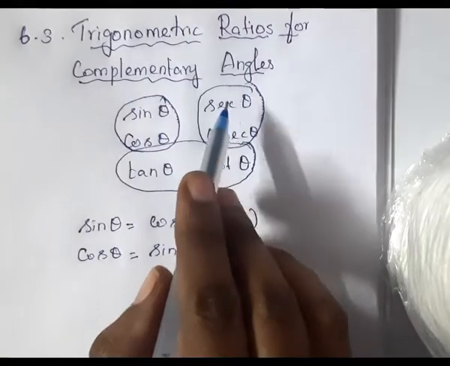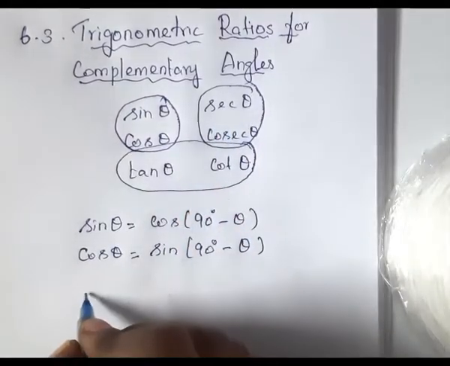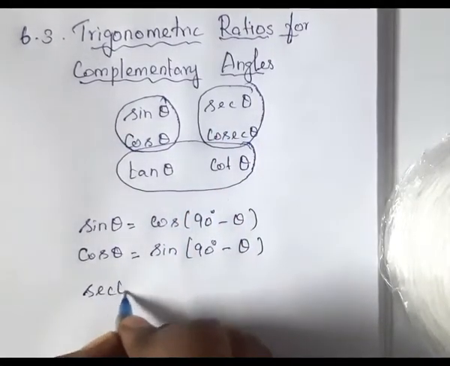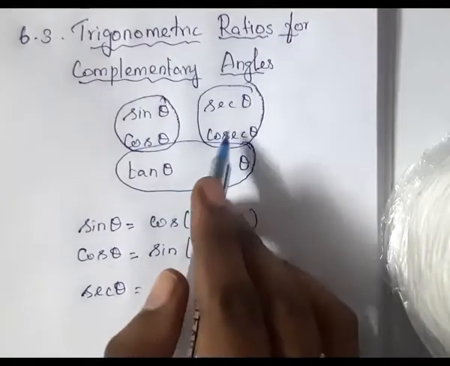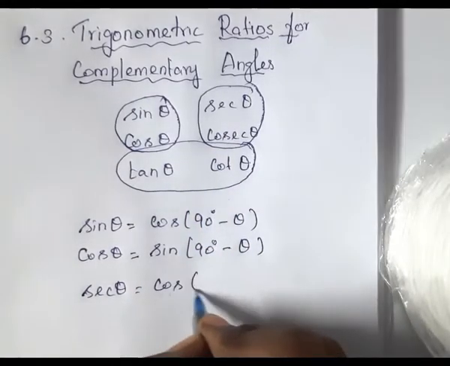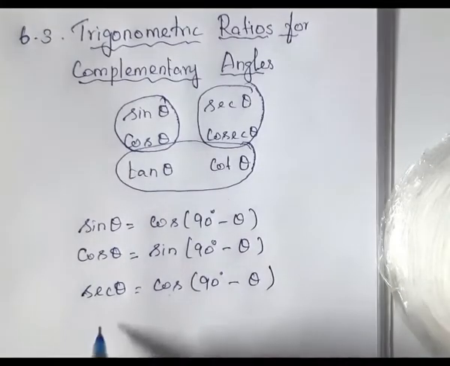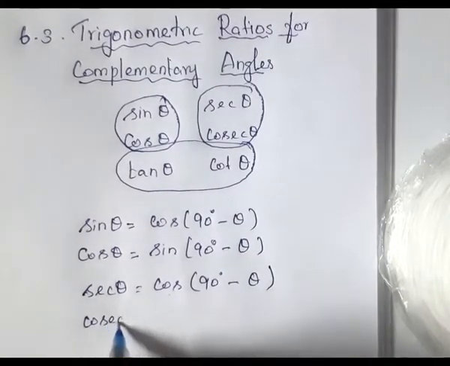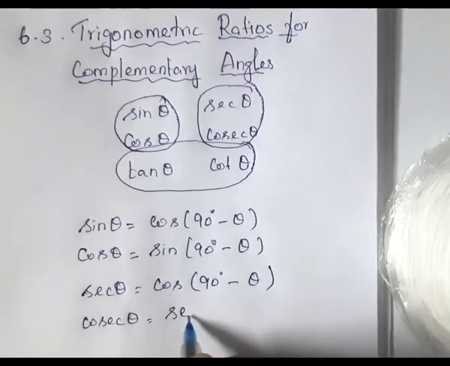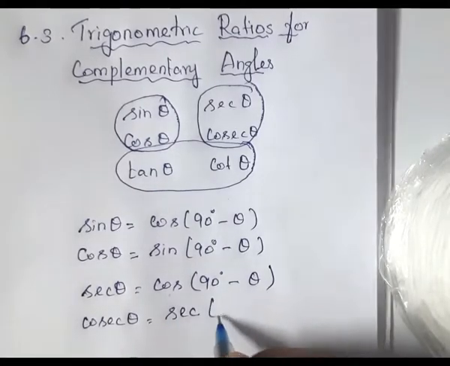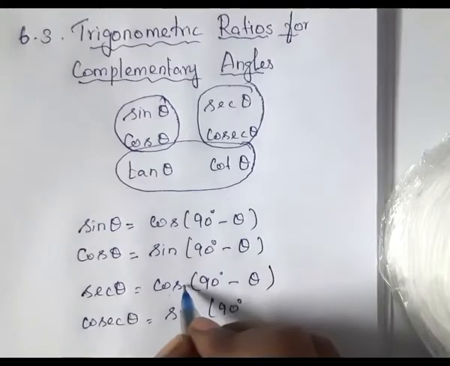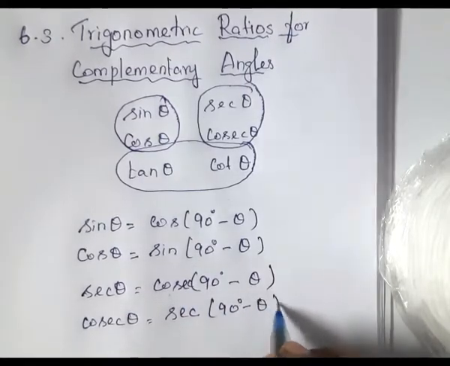Then secant theta we can write in terms of cosecant 90 degrees minus theta. Also cosecant theta we can write in terms of secant 90 degrees minus theta.